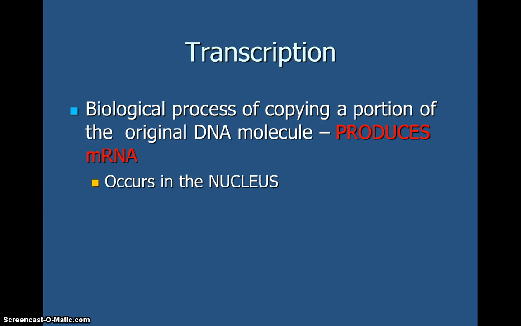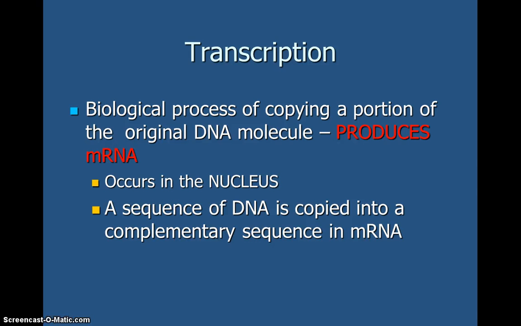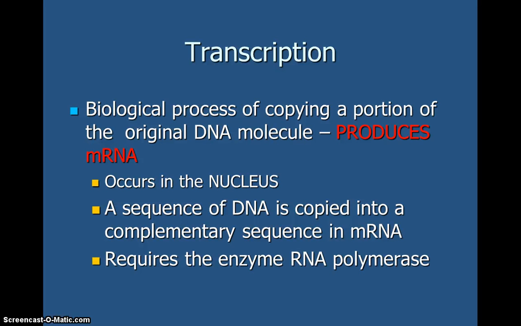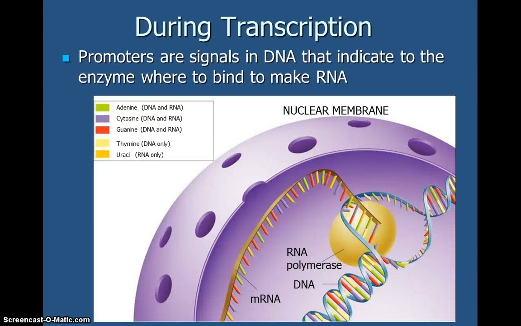It occurs in the nucleus, and a sequence of DNA is copied into a complementary sequence into mRNA. It requires the enzyme RNA polymerase, which we saw in the video there. During transcription, promoters are signaled in DNA that indicate to the enzyme where to bind with the RNA.